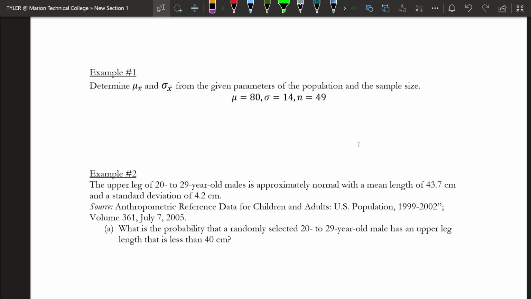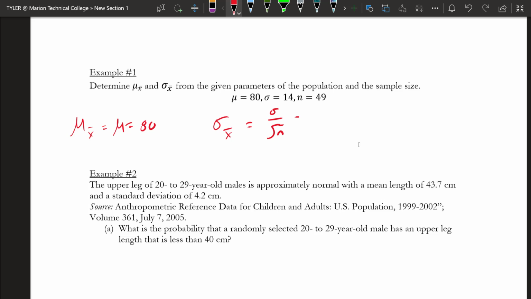So in example 1, we're just practicing here using the equations. We have mu of x bar equal to the mean, which is 80, and sigma of the sampling distribution is equal to sigma divided by square root of n.